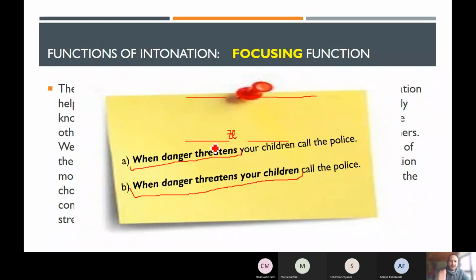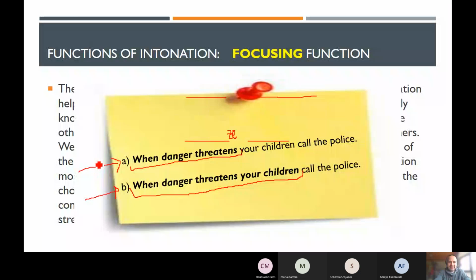Who's calling the police in letter A? What do you think? Children? The kids. Exactly, the children, that's right. And who's calling the police in the second example? The parents. The parents, exactly, that's right.